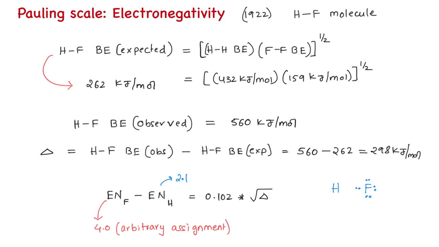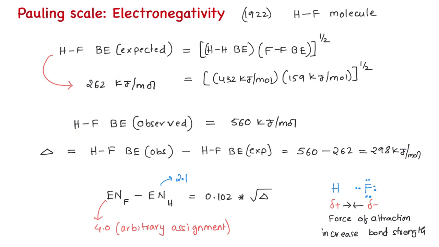Therefore, the fluorine atom acquires a partial negative charge and hydrogen acquires a partial positive charge. And the electrostatic force of attraction between these two opposite poles increases the bond strength. Therefore, it requires more energy than expected to break the HF bond.